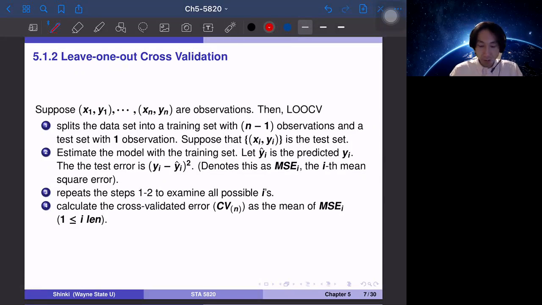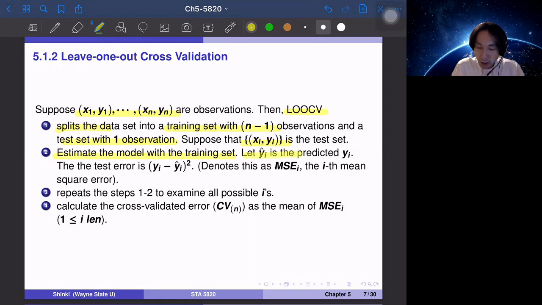So this is the concrete procedure. Suppose we have x1, y1 to xn, yn. Then leave one out cross validation splits the data into the training set with n-1 observations and the test set with 1 observation. Suppose that xi, yi is the test set. Then we estimate the model with the training set, that means all observations except xi, yi.